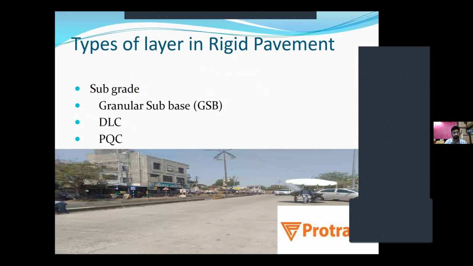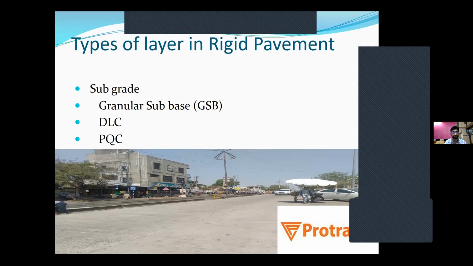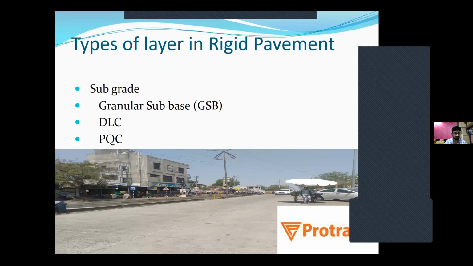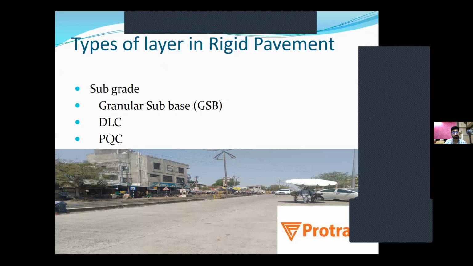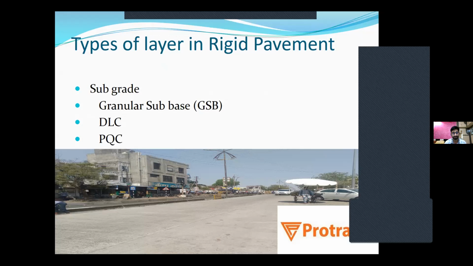But on the contrary, rigid pavement is much more durable than the bituminous layer, as there is very little possibility of water accumulation and water percolation through the inner surface layer, in contrast to flexible pavement.